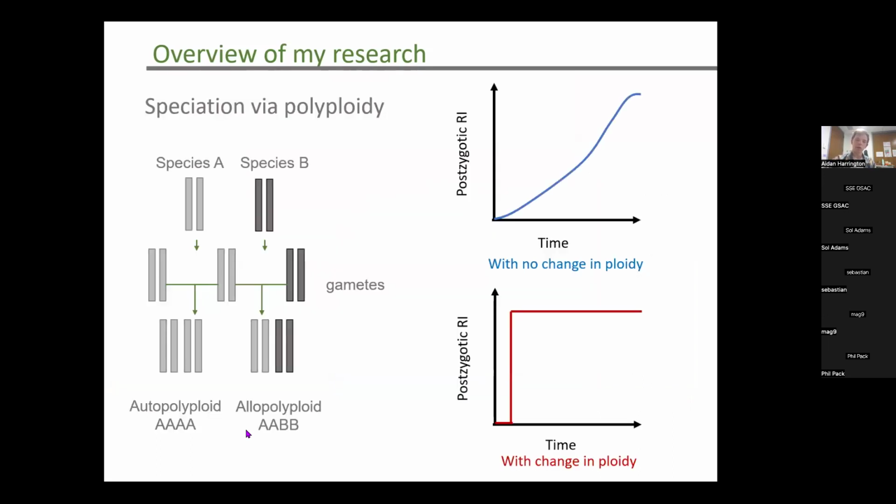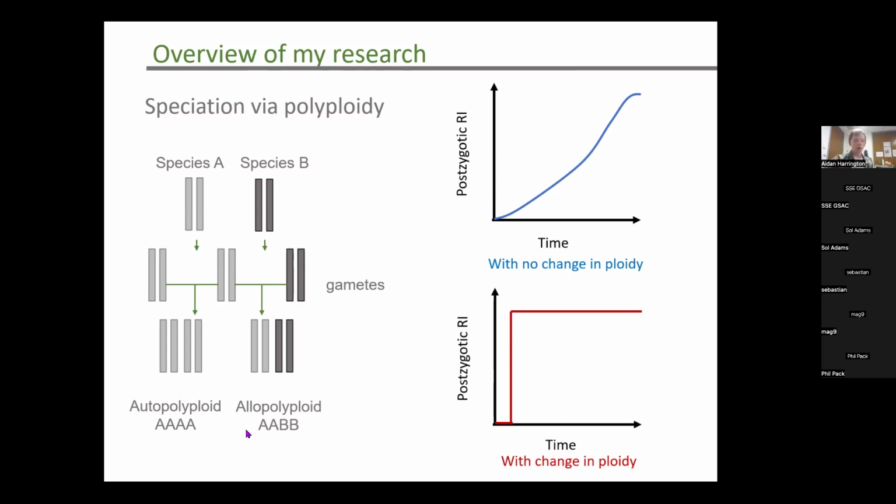So first, you have to understand that there are two broad kinds of polyploids that we can find in nature. Those are called autopolyploids and allopolyploids. Allopolyploids essentially are when you have whole genome duplication accompanying hybridization, whereas autopolyploidy is just within a single genome.